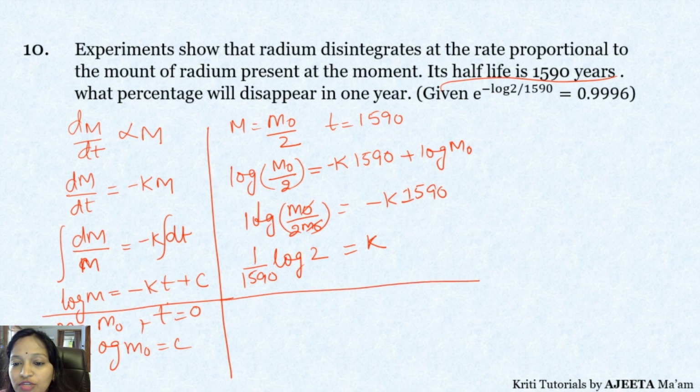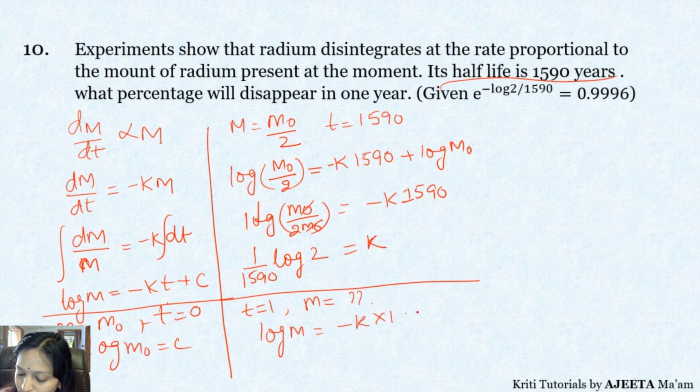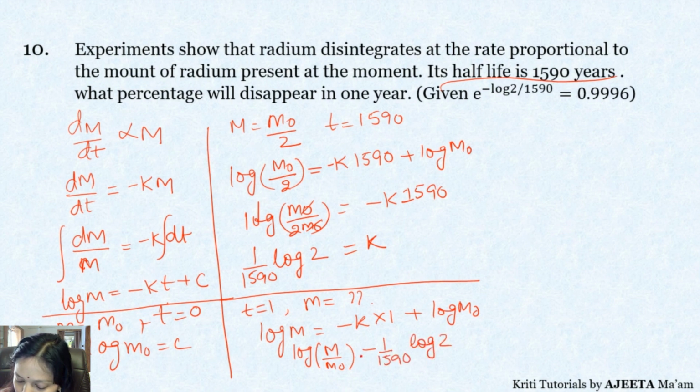Now let's move on. How much percentage will disappear in 1 year? Now time is 1 year. Let's calculate the value of mass. So log m is equal to minus k into 1 plus log m0. Now we have to find the value of m. Okay, so let's use the concept of log m by m0. Now minus 1590 log 2, right?